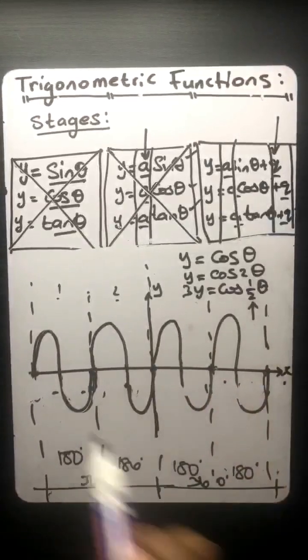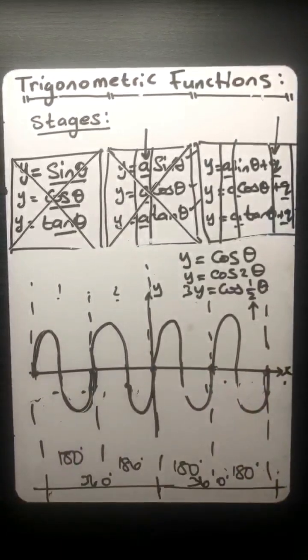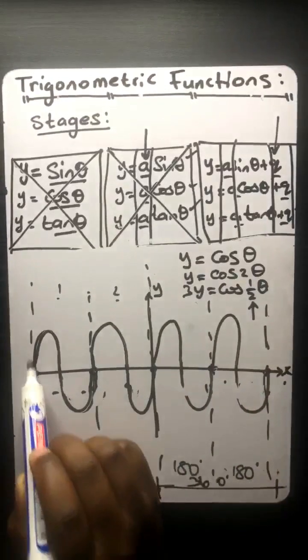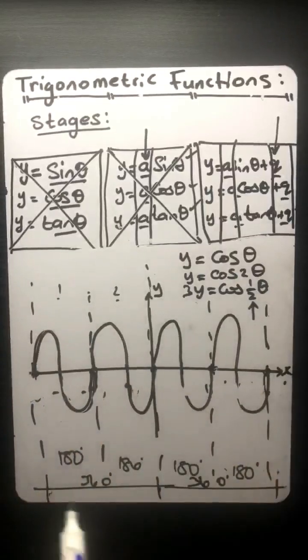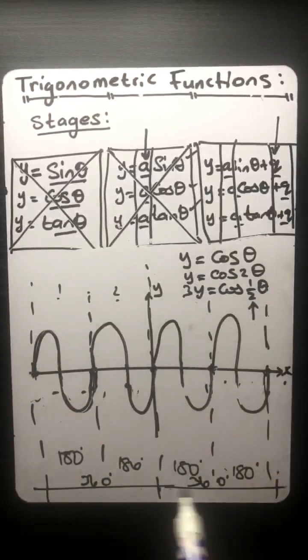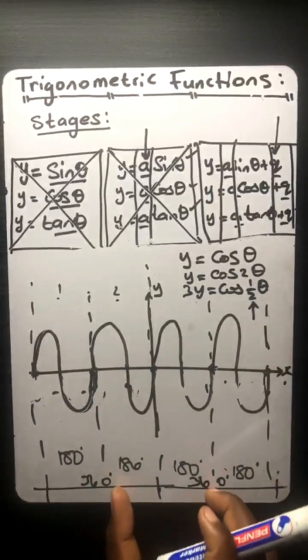Whether you say it repeats itself 2 times, or 4 times, or you can say 1 time. If you say 1 time, meaning from there all the way up to there, that means your period is going to be 360 plus 360, whatever the value you get when you add those two.